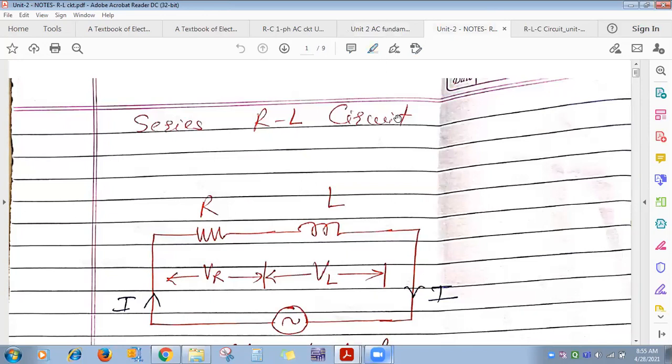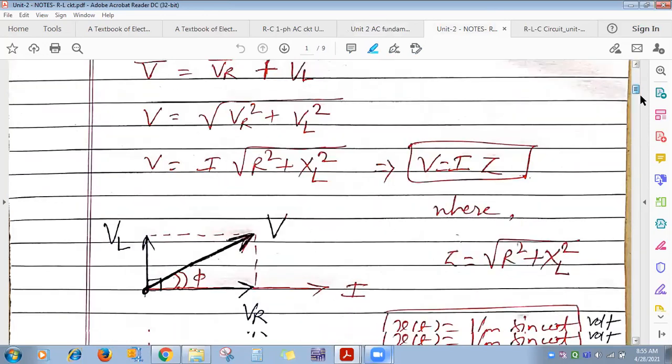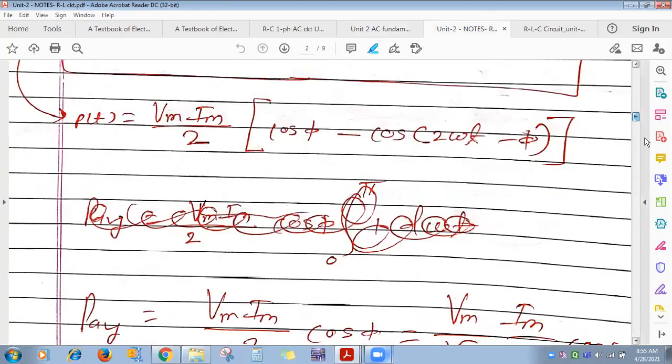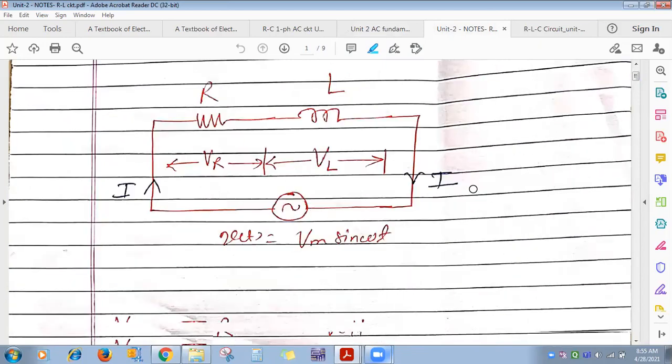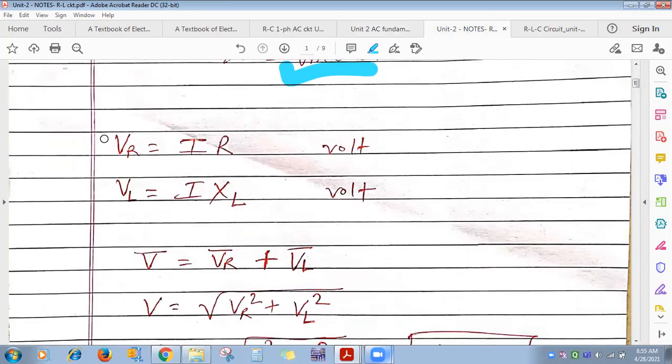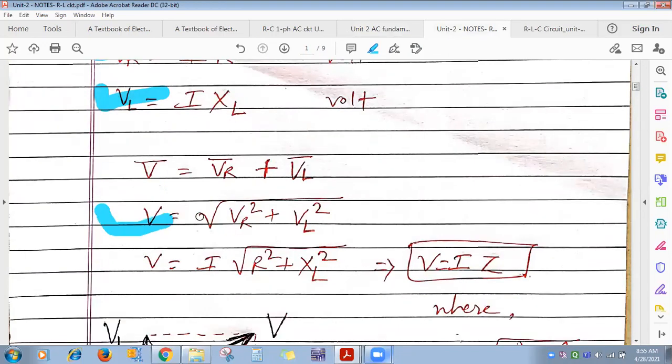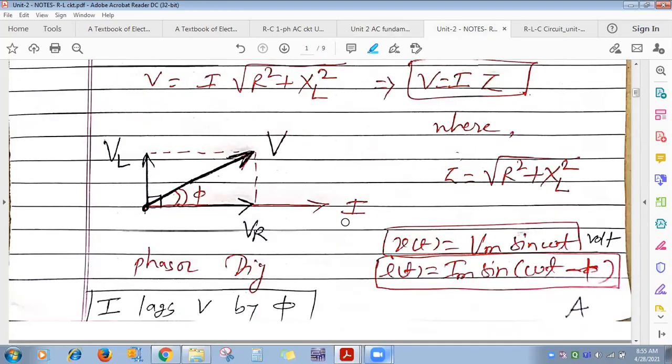See, for series RL numericals, in this one theory, you just write down the formulas. Suppose for RL, I will tell you which formula. The voltage equation is this one: voltage drop across resistance, voltage drop across inductor, total voltage. This is another formula.